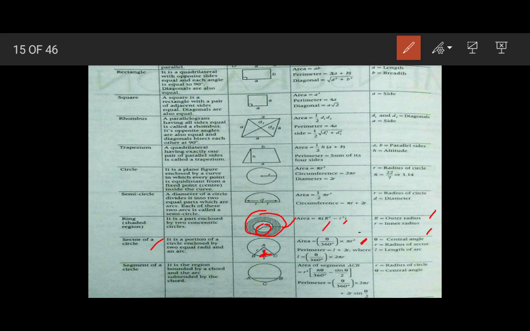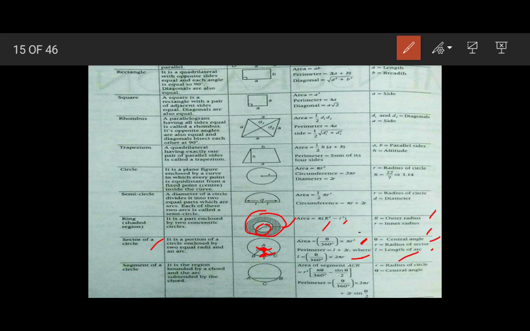Perimeter is L plus 2r, where L is theta upon 360 degree into 2 pi r. Okay, here theta is the central angle, this angle is theta, r is the radius of sector and L is the length of arc.